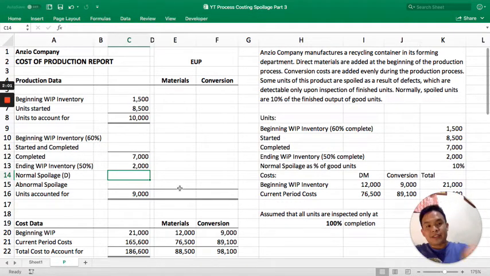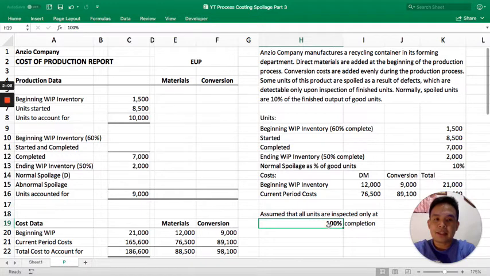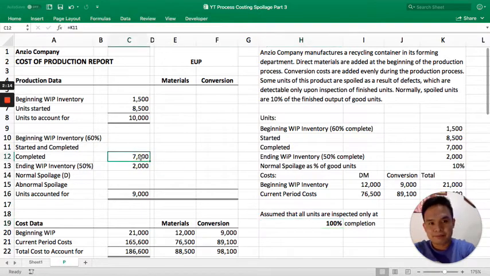So, it's a percentage of units that pass inspection. If the inspection point is at 100%, then ang pumasa lang sa inspection point is yung completed. Yung 7. That can change, no? It can change.